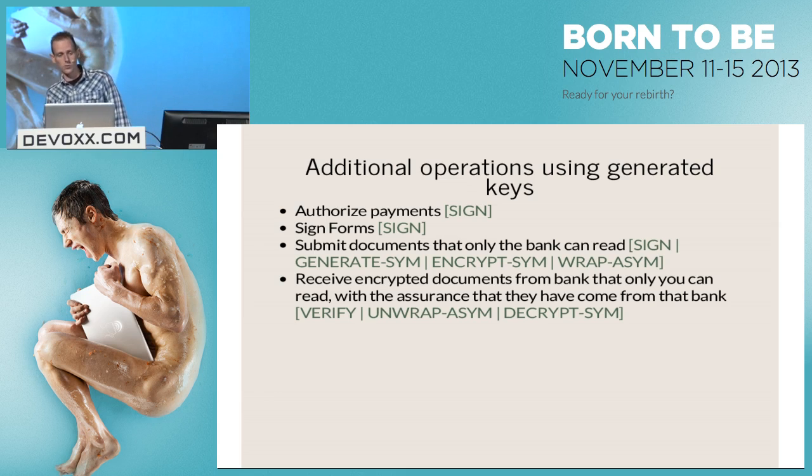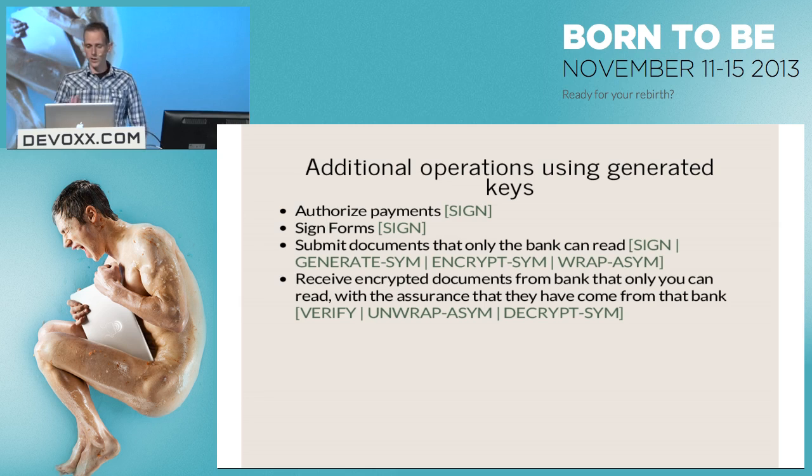But we can also submit documents that only the bank can read, and the bank can be sure that we submitted the document. So how can we do that? We use a sign operation to sign the document.